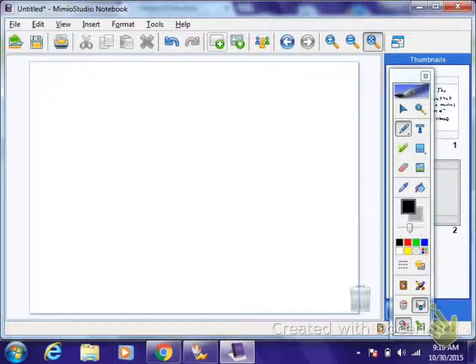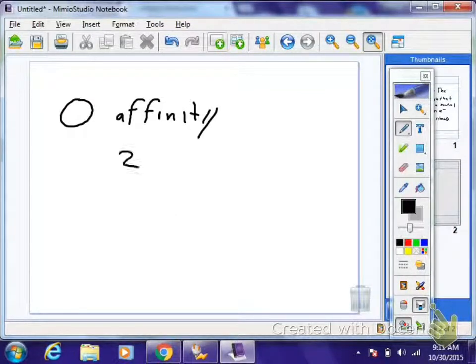So groups that have 0 affinity, you can write those in, would be groups 2, 12, and 18. Does anybody know why those particular groups have 0 affinity? Would they all have a full subshell? Yeah, they all have full subshells.